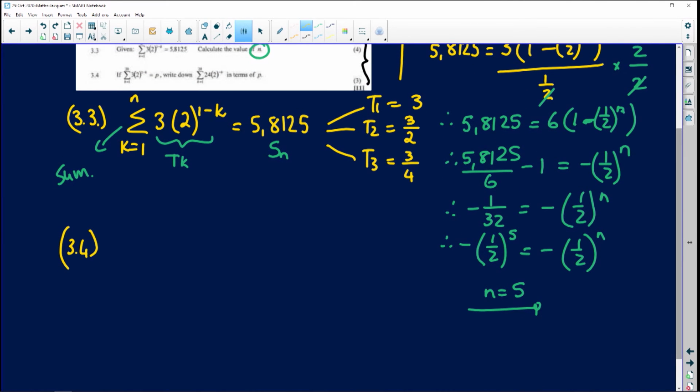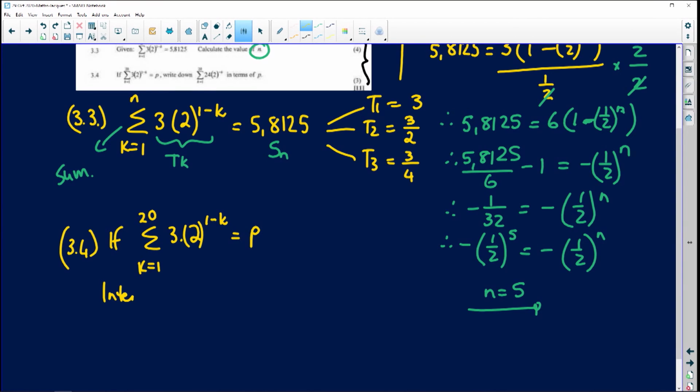So 3.4 says, if the sum, when k goes from 1 to 20, of 3 times 2 to the power of 1 minus k, if that thing there is equal to p, then in terms of p, they're going to ask us to write another sigma.